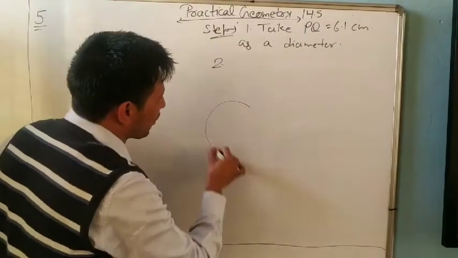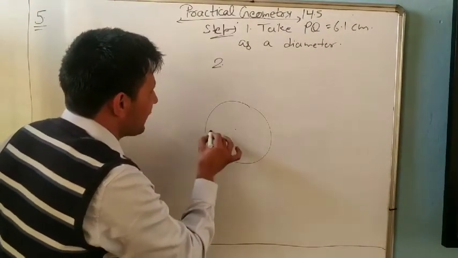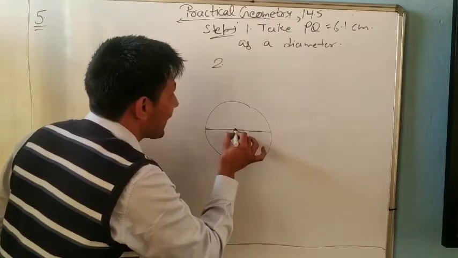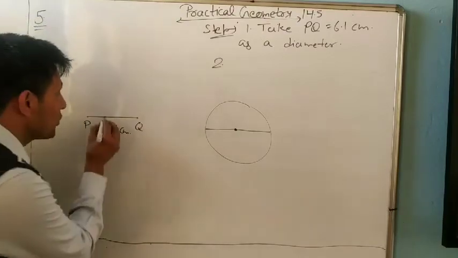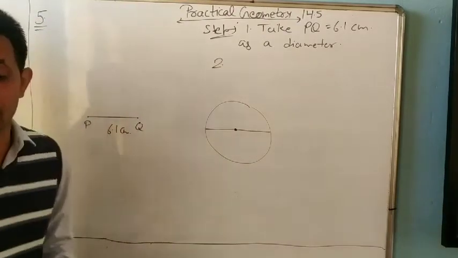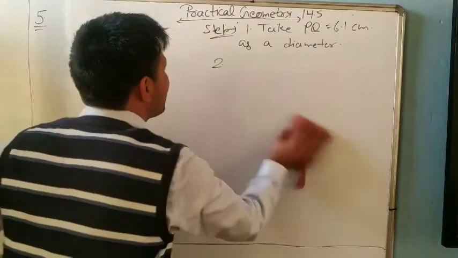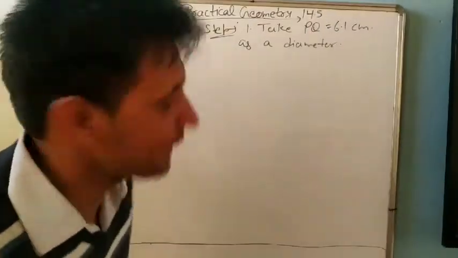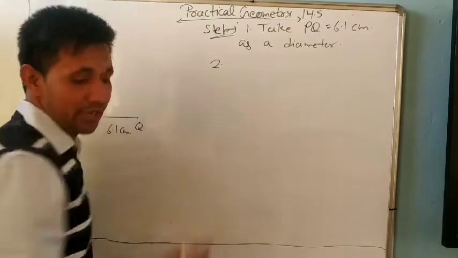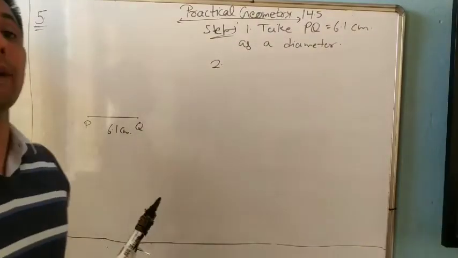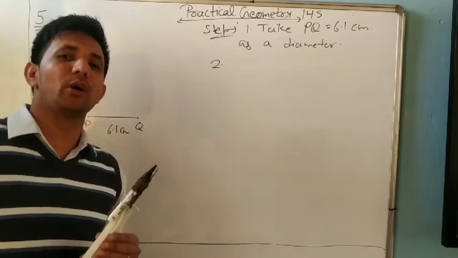If you want to draw a circle, we need the center, and the center is always the midpoint of the diameter. It is the diameter, so we will find its midpoint. How can we find it? By taking the perpendicular bisector. So take the perpendicular bisector of PQ.